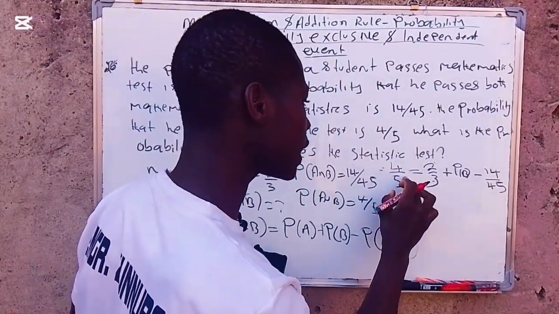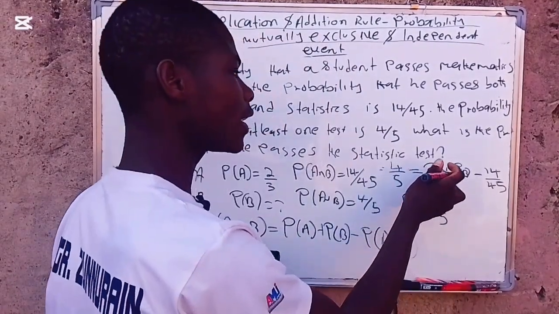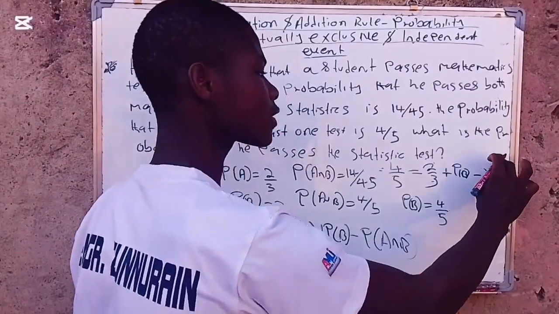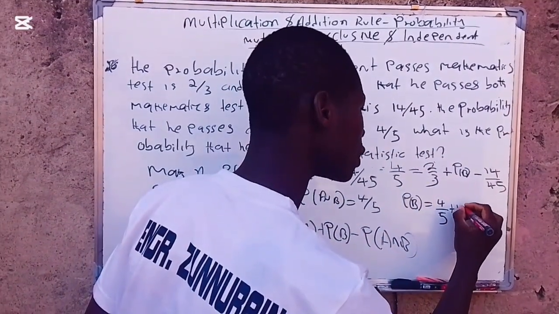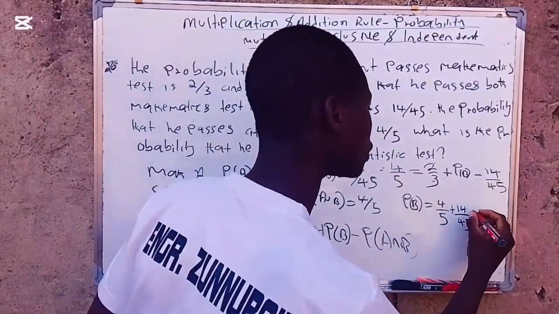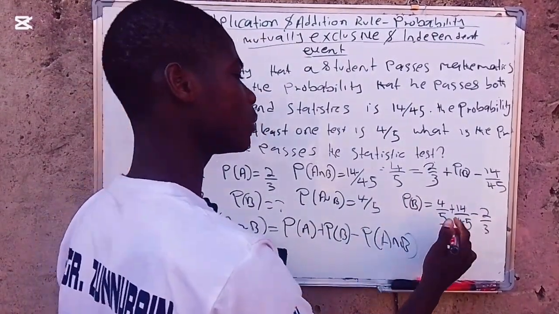So if I keep this probability of B as it is, I have to say 14/5. When this crosses the equal sign, it will now be minus. But when this first crosses the equal sign, it will now be positive, plus 14/45. And when this crosses, it will be minus 2/3. So what will be the LCM?